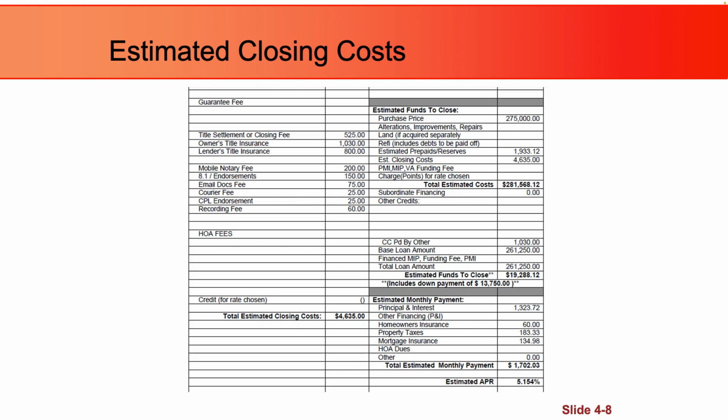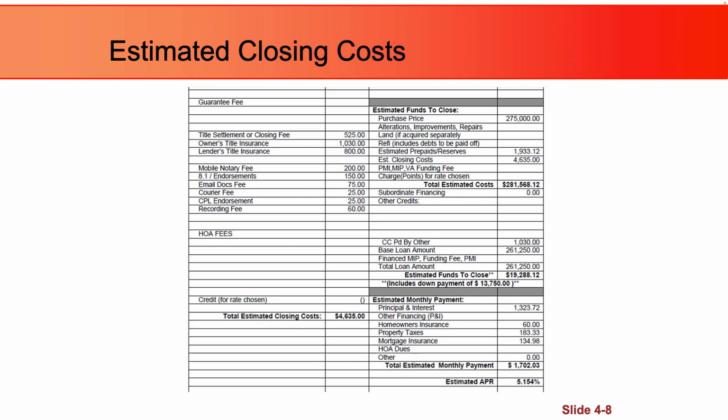They have to do some prepaids. There's 4,600 of what's called closing costs. But the bottom line is, after the down payment and everything, the buyer had to come in with $19,000. So there was a down payment of $13,750, and then over here it shows all the different types of costs.